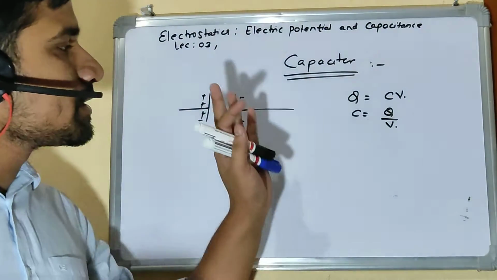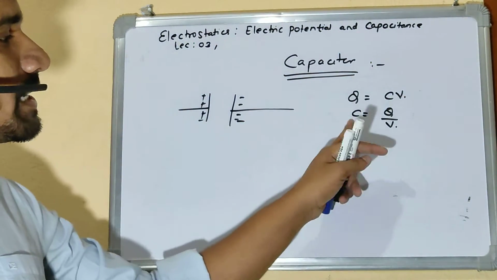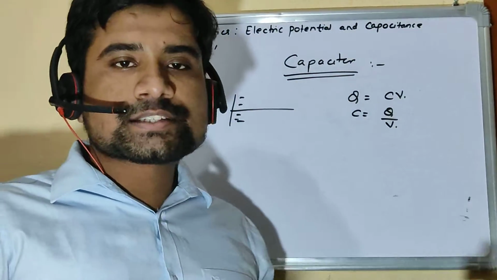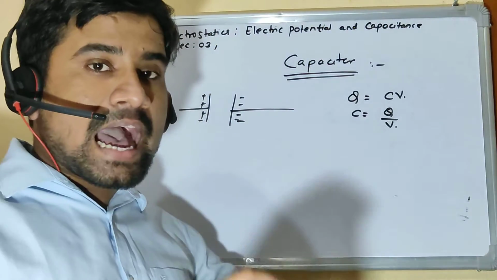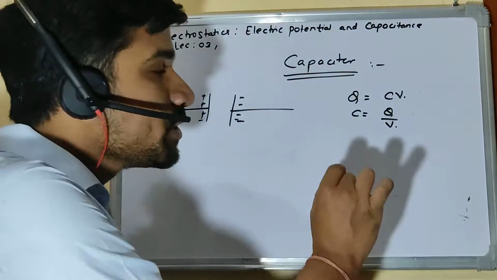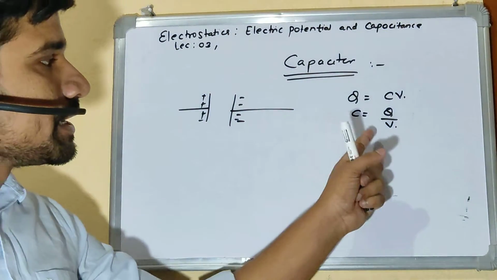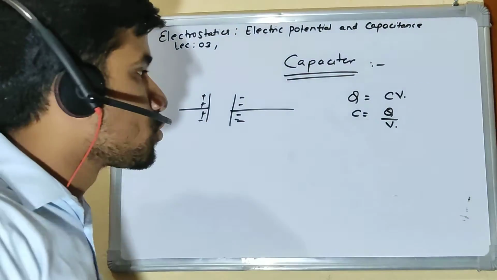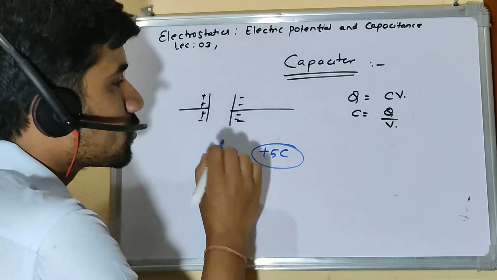Now tell me one thing. If I have a fixed charge, then C and V are in inverse relation. So for a larger capacitance, I can store the same charge with minimum voltage. For example, if I need to store plus 5 coulomb of charge, I have fixed my Q, and I need to choose my capacitor.